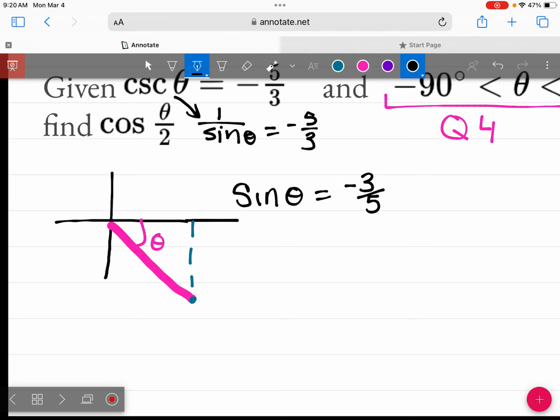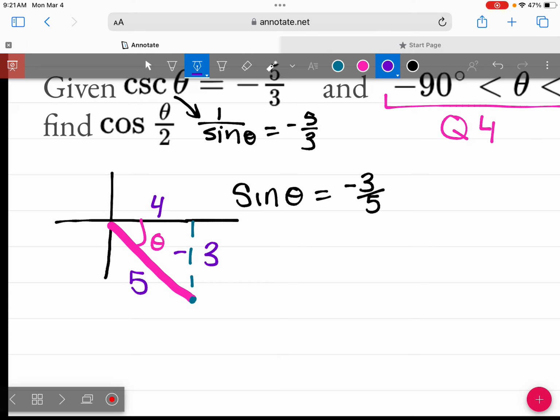So what pieces does that tell us? Opposite hypotenuse. So my opposite is 3. My hypotenuse is 5. So the other one's going to be 4 because it's a special triangle. And we got to remember, since it's quadrant 4, my x is positive, my y is negative.